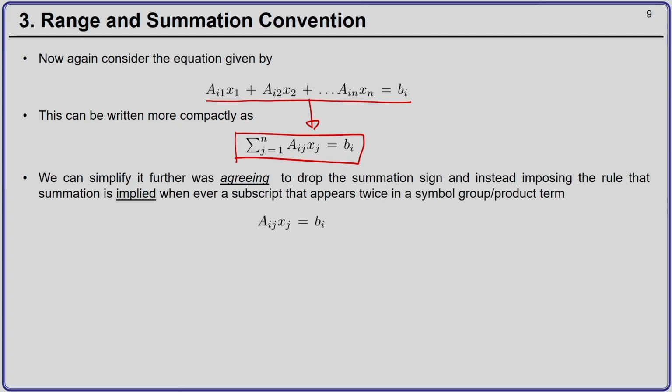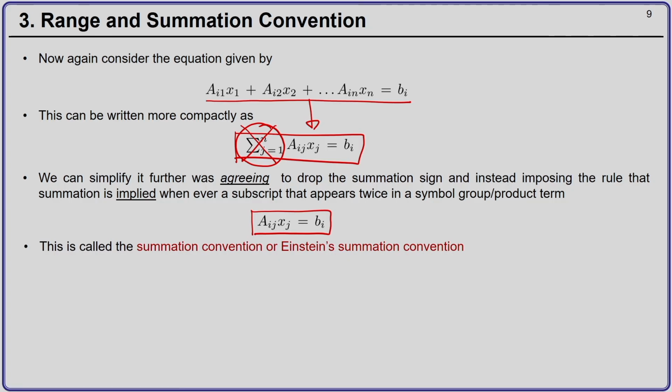So, I can compactly write this expression by dropping the summation symbol and simply write a_ij x_j equal to b_i, with the understanding that whenever there is an index which is repeated, a summation is implied. j, for example, is repeated here, so there is a summation implied over j. This convention is called the summation convention or Einstein summation convention.